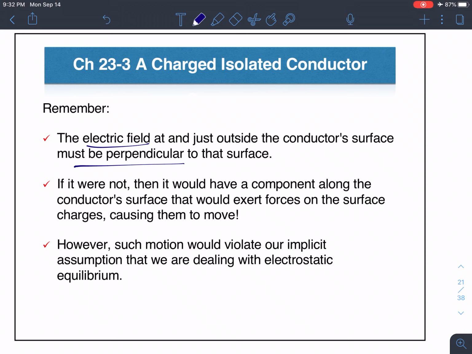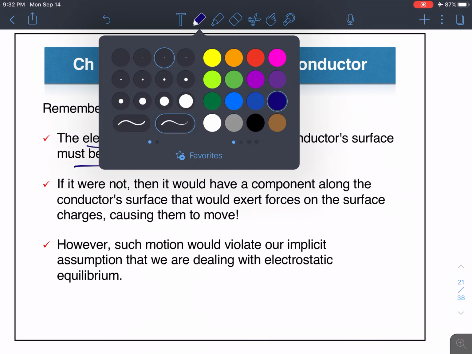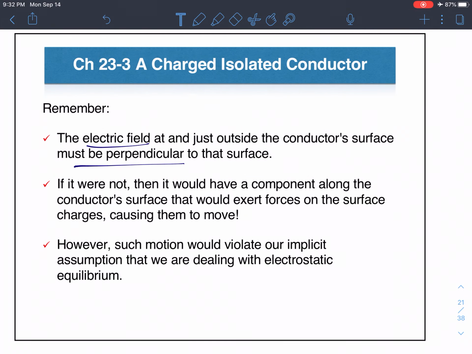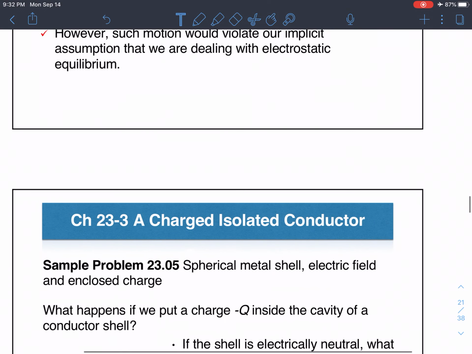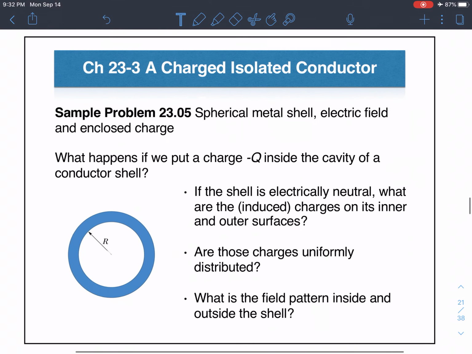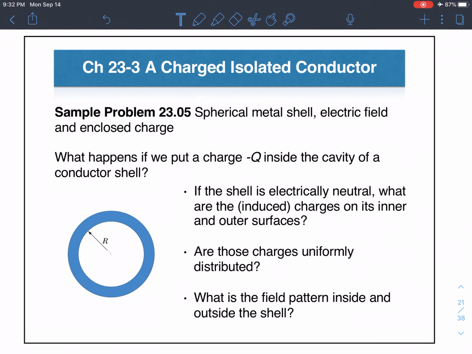They're in equilibrium, right? So we don't want any tangential components of the electric field that would create force on the charges, because such motion would violate our implicit assumption that we are dealing with electrostatic equilibrium. We are still working on the electrostatic case, so we need to keep that equilibrium, and we should not let anything mess that up. And next we are going to do a sample problem.